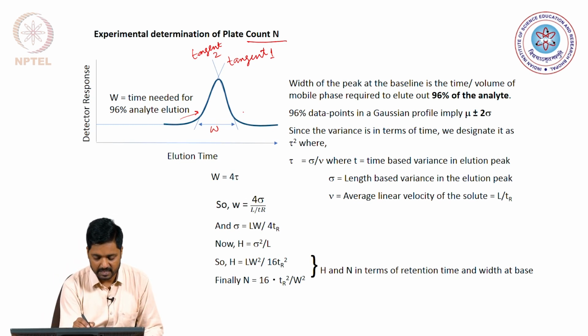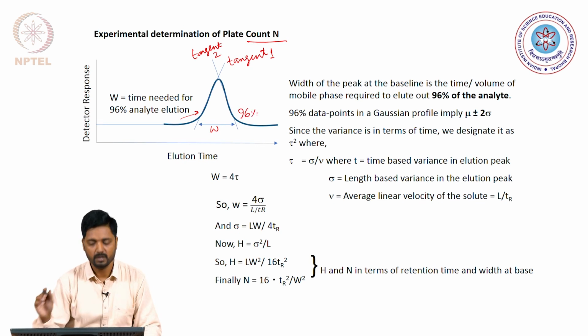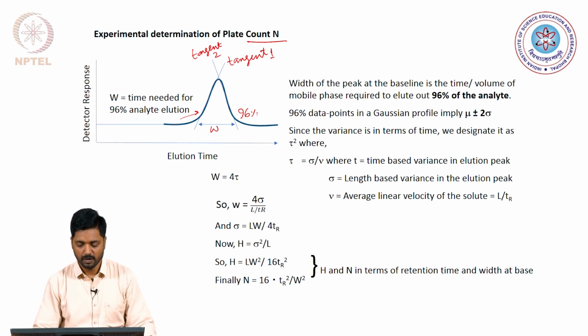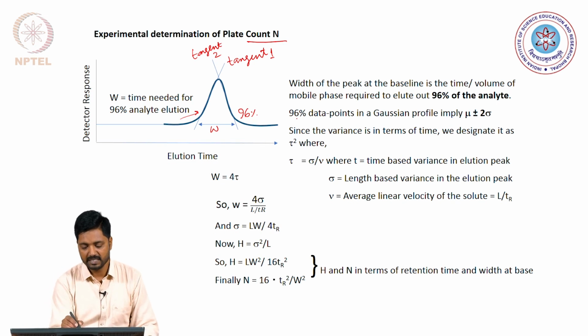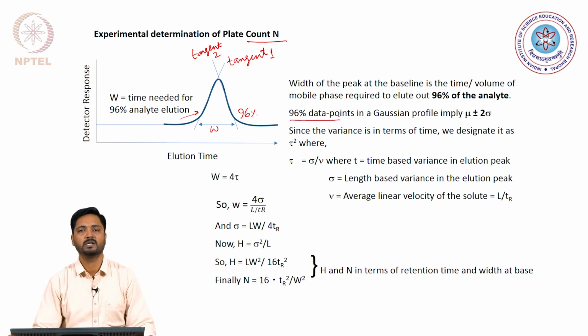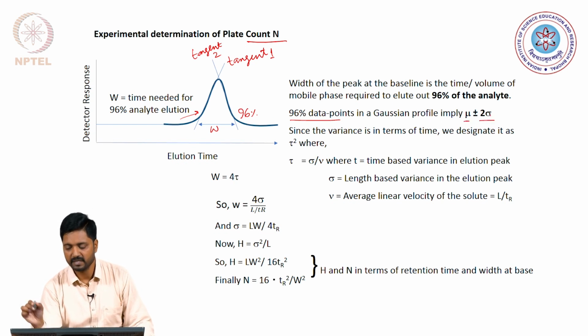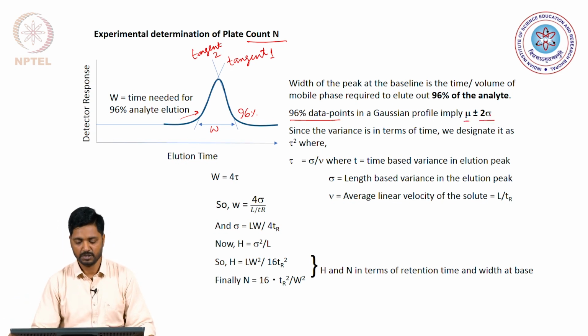covering 96% of the peak area, and we have seen from our previous investigations and studies that 96% of the data points in a Gaussian profile are described in terms of the mean value plus minus 2 standard deviations.